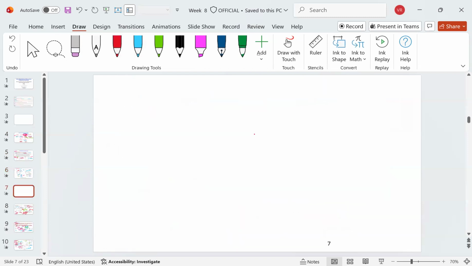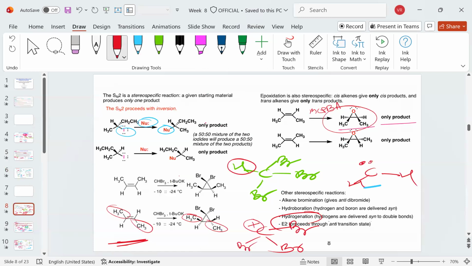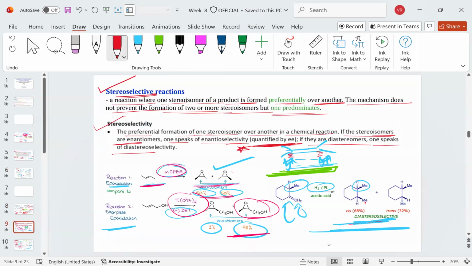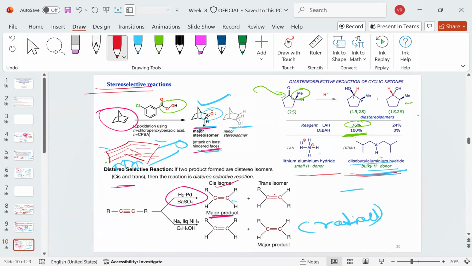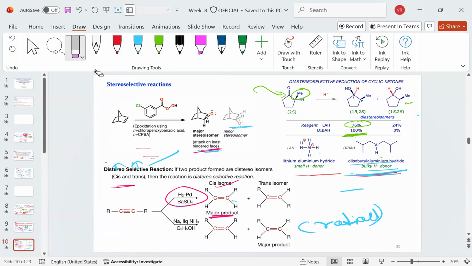What is a stereoselective reaction? Let me show an example of a stereoselective reaction. This is the epoxidation of such bridged systems. You can see we get the major isomer, which is exo directing.